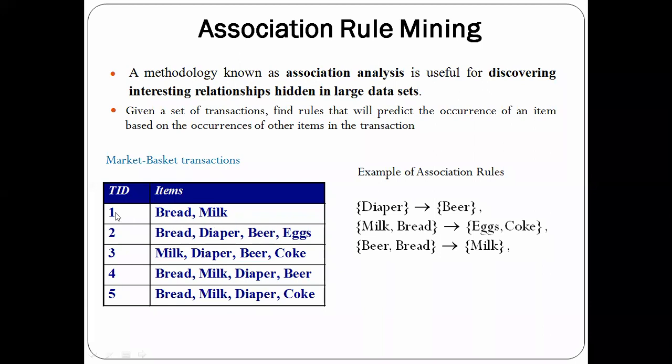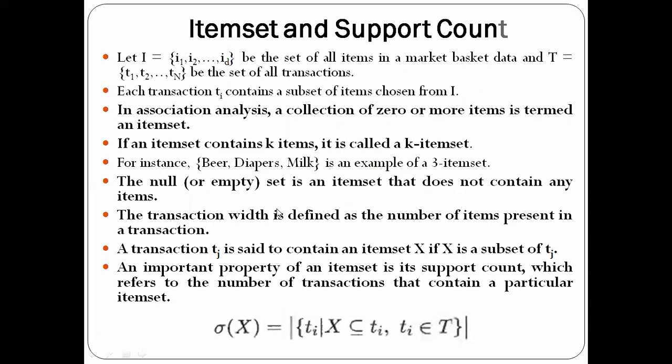In the same way, the transaction width of transaction 2 is 4 because it contains 4 items: bread, diapers, beer, and eggs. The third, fourth, and fifth again have a transaction width of 4 because all of them contain 4 items.